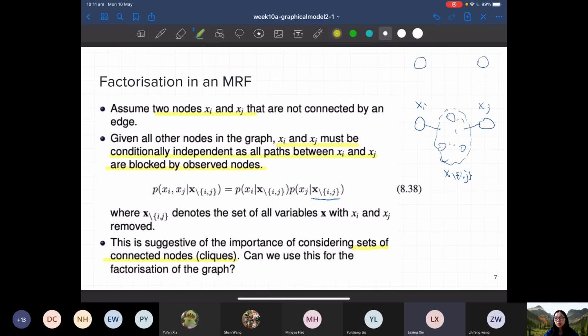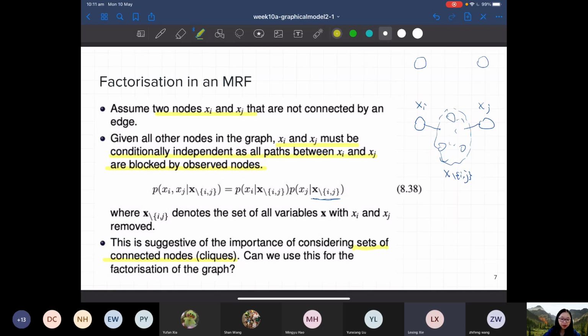If there is an edge between xi and xj, then they are not conditionally independent no matter what other nodes we are conditioning on. So this suggests that directly connected nodes, or groups of nodes that are all directly connected to each other, are important. If you have taken algorithms, you certainly will know graph theory.